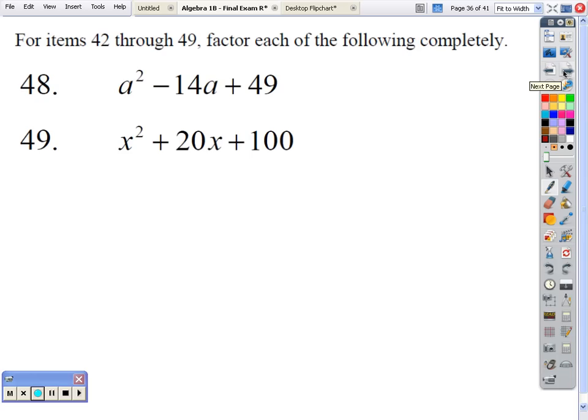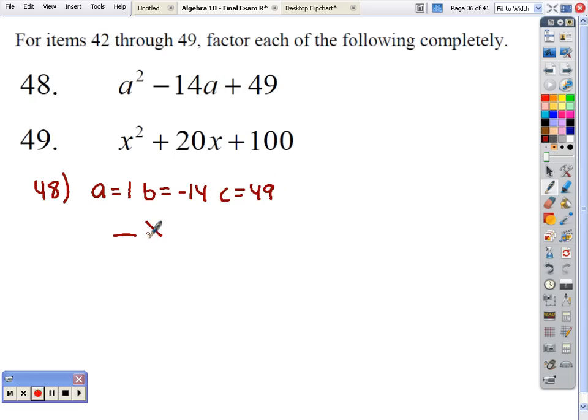Okay, moving on to 48 and 49. Here we're also going to use the ABC method to solve these. Okay? So I'm going to do 48 first. My a is equal to 1, my b is equal to negative 14, and my c is equal to 49.